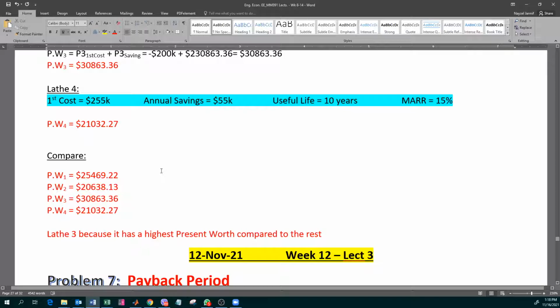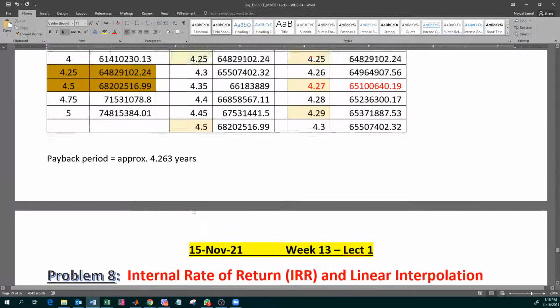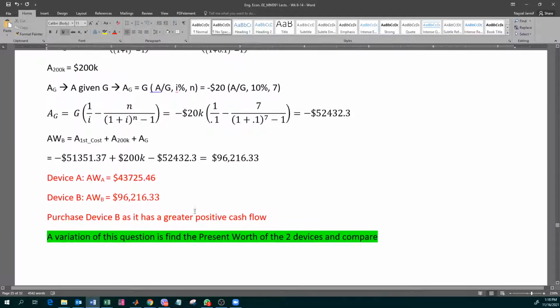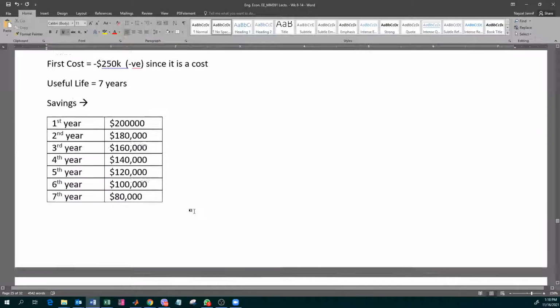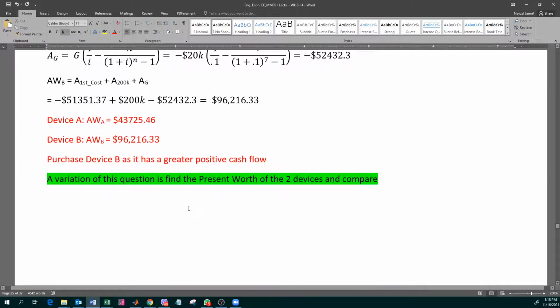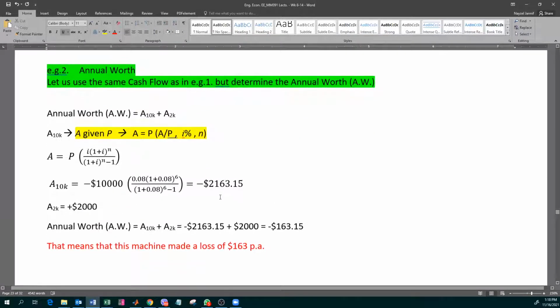In terms of present worth analysis, it gave the highest answer. In terms of incremental rate of return, it gave the highest answer as well. So I want you to take particular note that in the end you have to give an answer. In problem number 5 we had to say purchase device B, because it has a positive cash flow, right? You have to give a final answer in these comparison type problems.